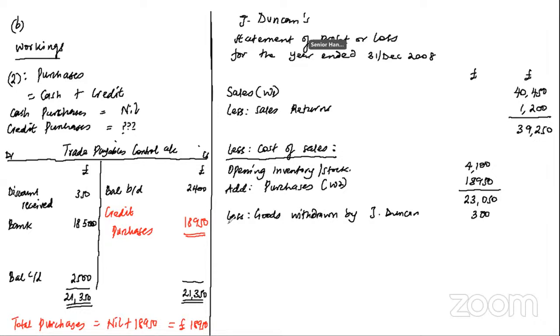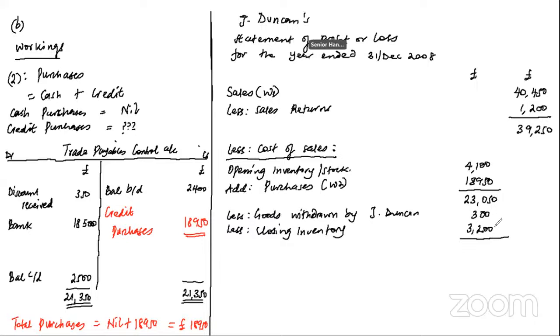Then I'll also less the closing inventory. And how much is our closing inventory? It is 3,200.